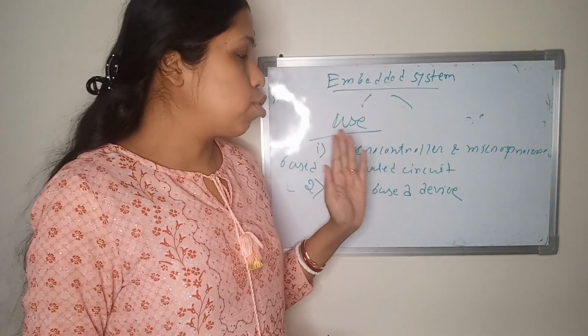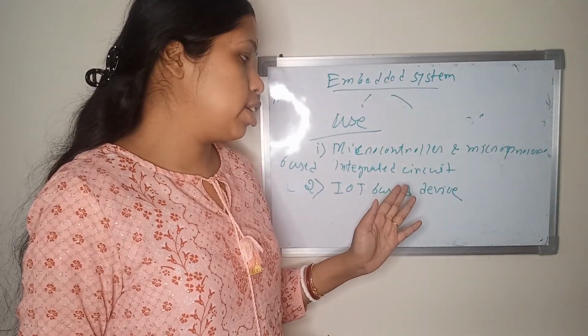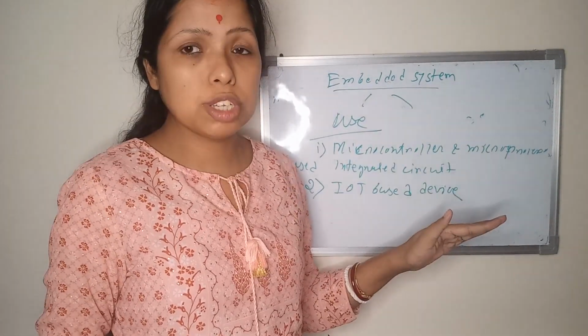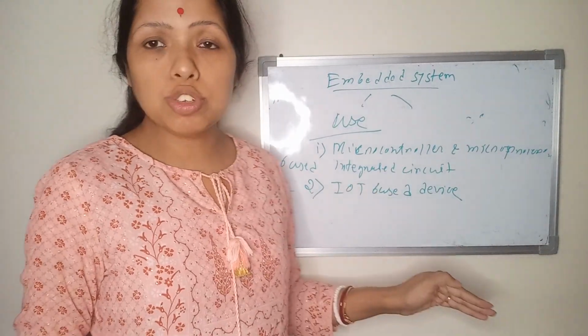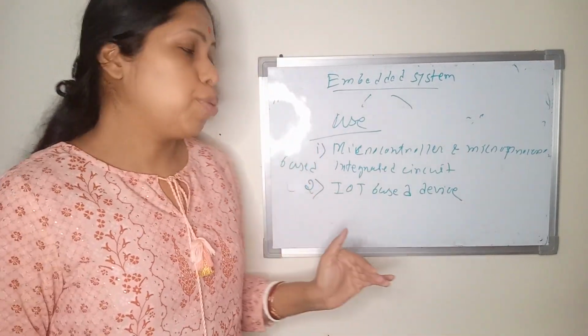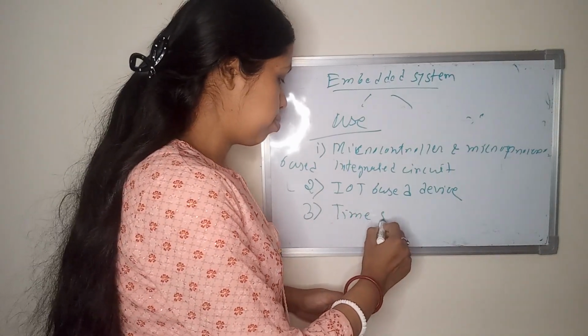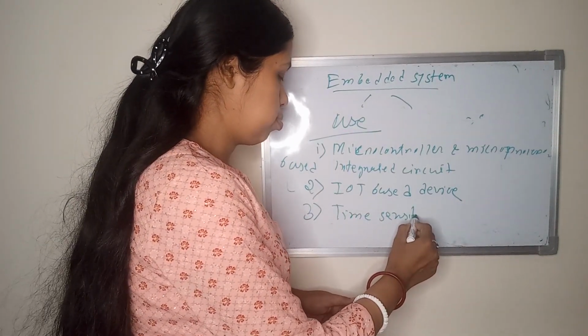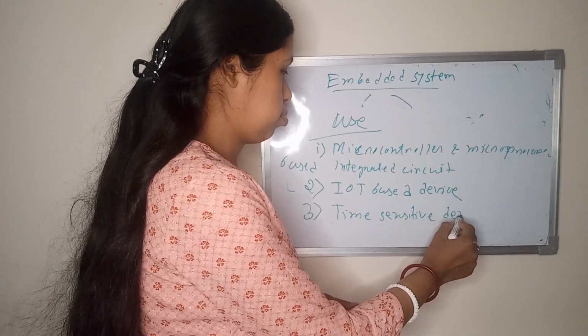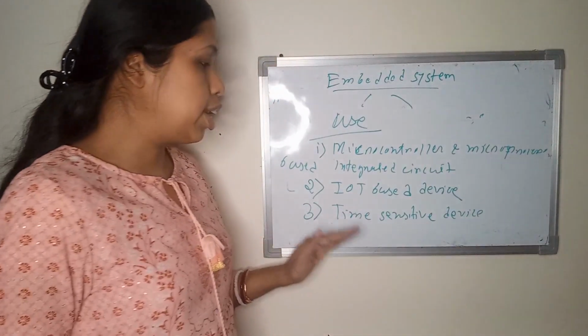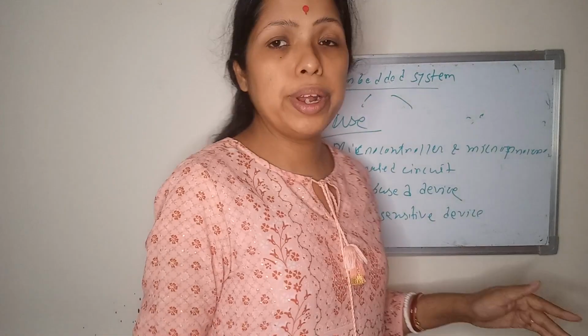One is if you want to design any kind of microcontroller-based integrated circuit, you need the embedded system support, and for an IoT-based device also you need the embedded system support. Third is the time-sensitive device. For designing a time-sensitive device you need an embedded system.